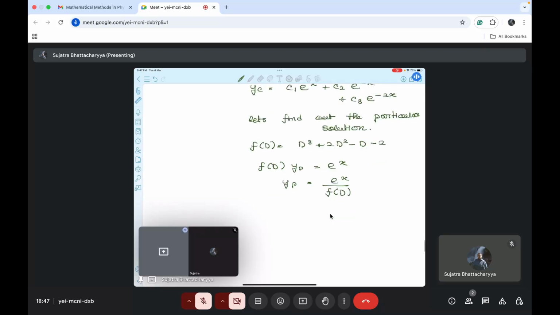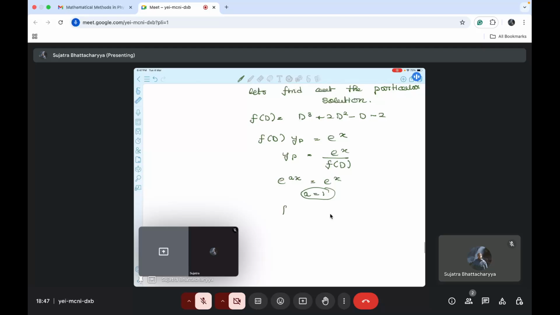We know the set of rules to find the particular integral. What is a here? e to the power ax is equal to e to the power x, so a will be equal to 1. So f(a), which is f(1), will be 1 plus 2 minus 1 minus 2. 2 cancels out, 1 cancels out. So f(1) is equal to 0.